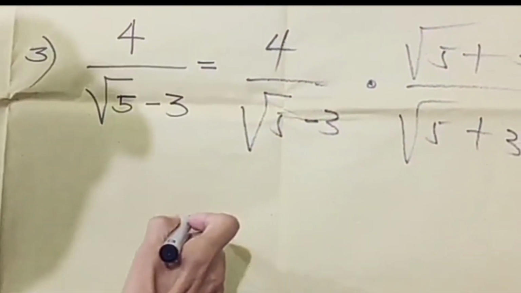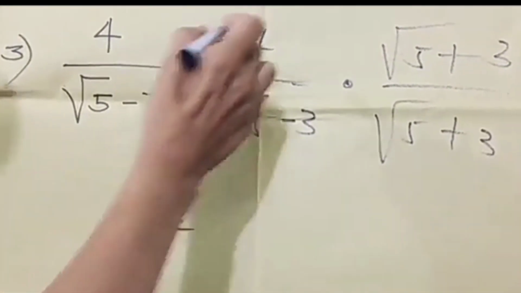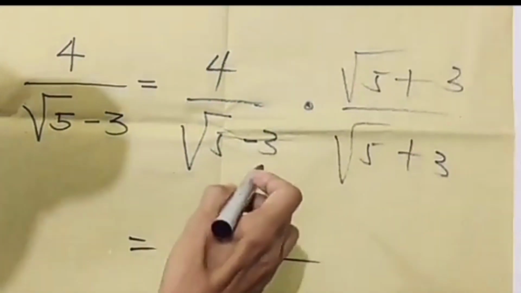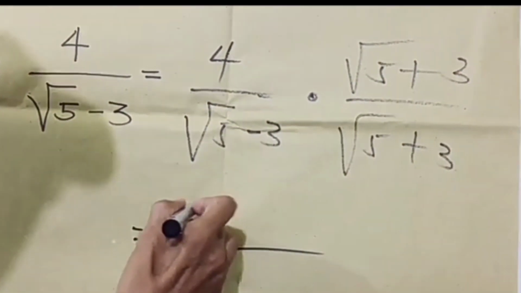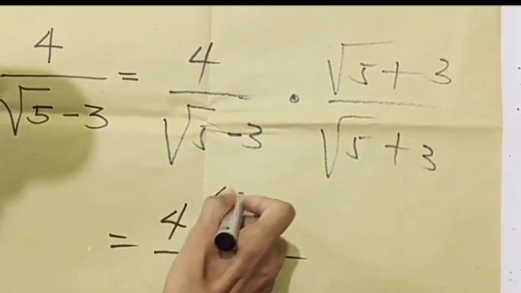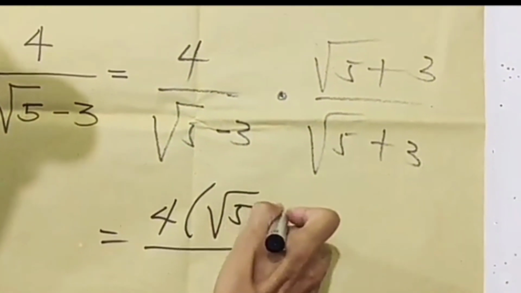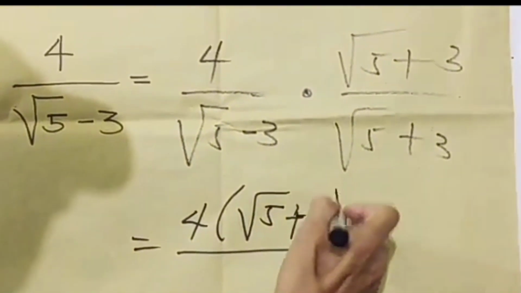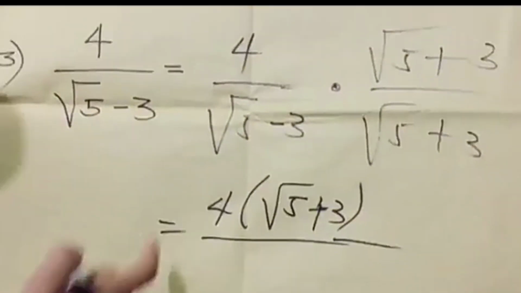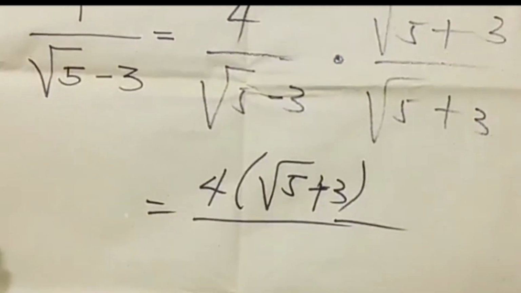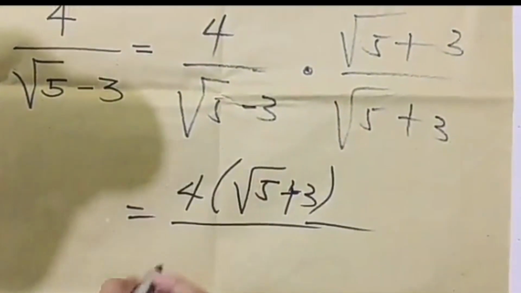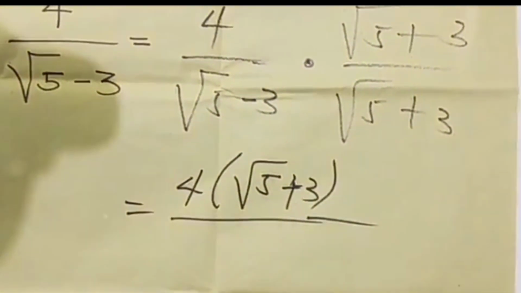And then next we're going to multiply 4 times the square root of 5 plus 3. You just copy first, then put the parentheses. We multiply just like that in the form of multiplication using the parentheses.